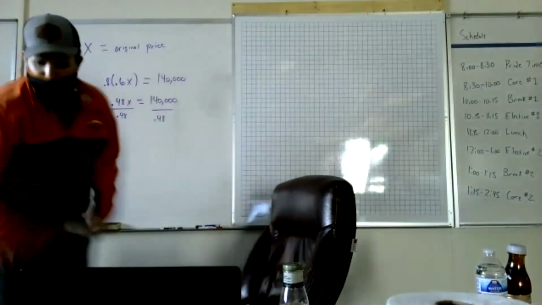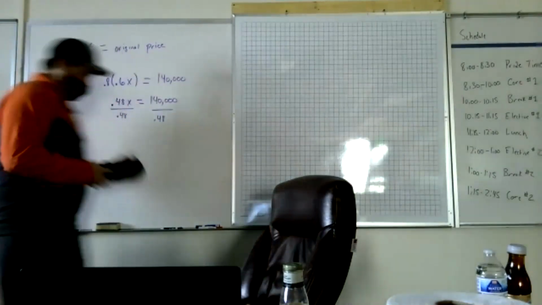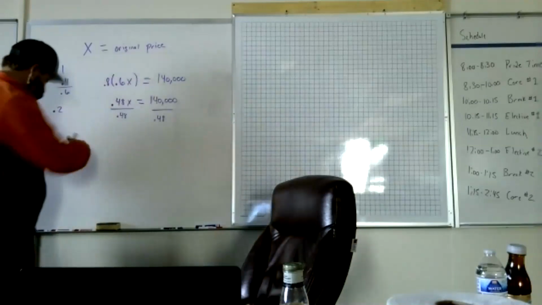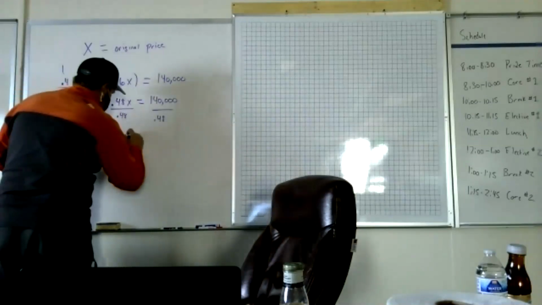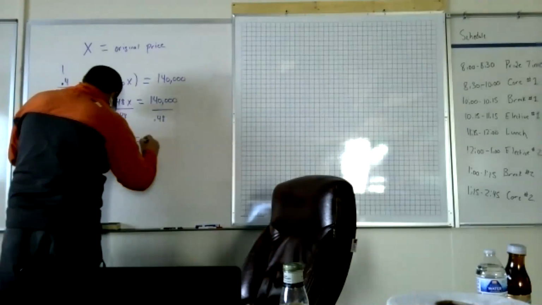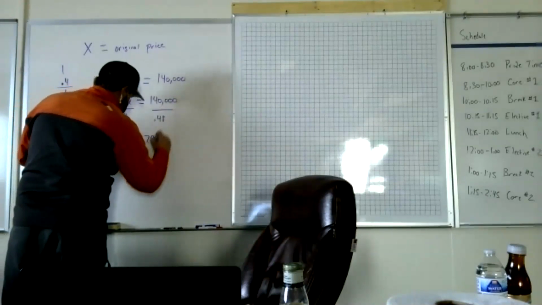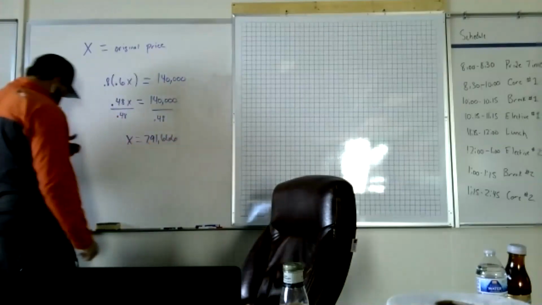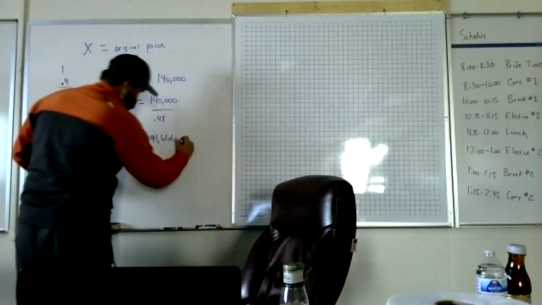plug it into my calculator. I'm not that good, and it's early in the morning. So 140,000 divided by 0.48. That leaves you a value of X as 291,666 and 0.66 repeating.